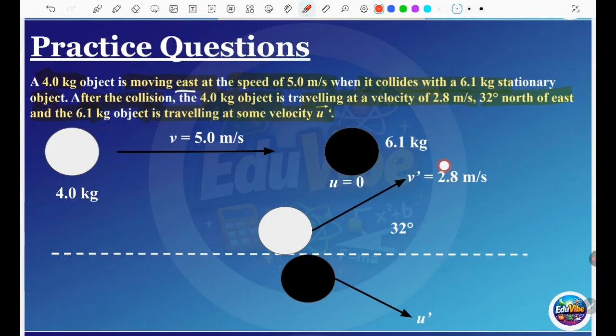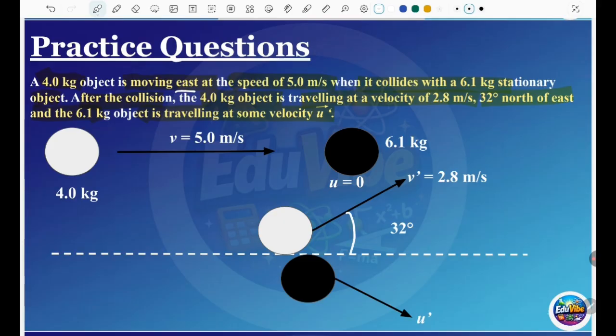After the collision, it is like this. When this object collides with this one, they go with the u dash velocity, and the 4.0 kg object goes with 2.8 meters per second at a 32 degree angle, north of east. This is the angle over there.